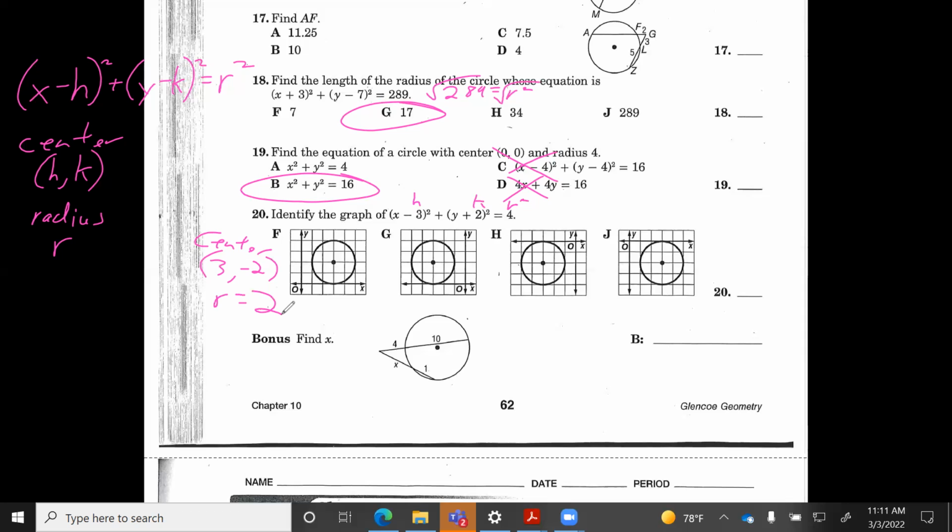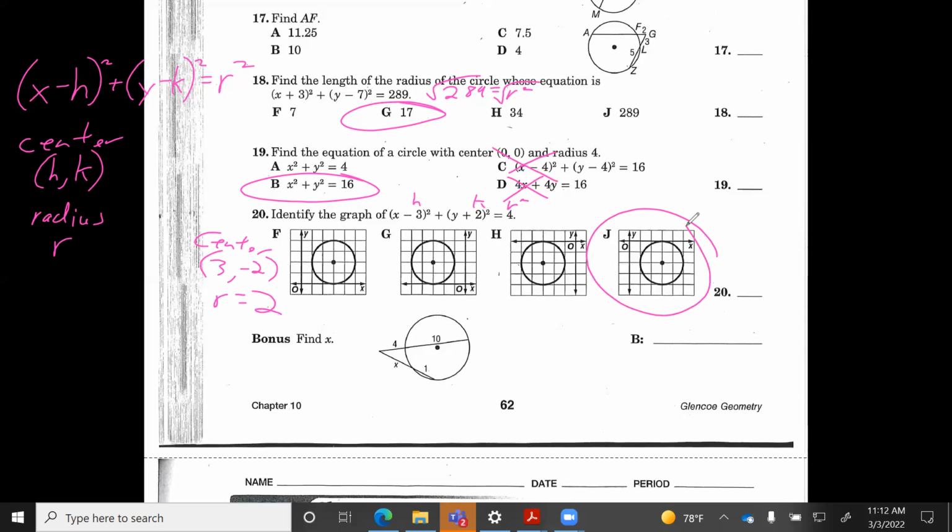So now, all those diagrams have a radius of 2, so that doesn't really help much. But the center is at (3, −2). Every single one of these is in a different quadrant, so there's only one in the right quadrant. We had a positive x and a negative y, and that answer was J.